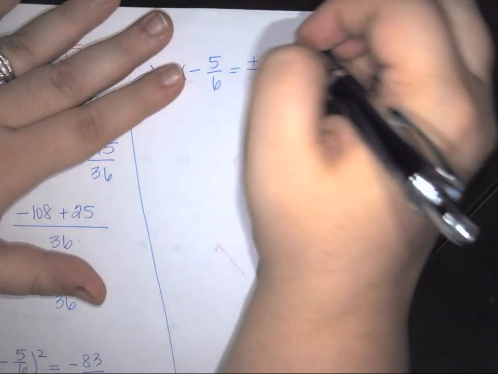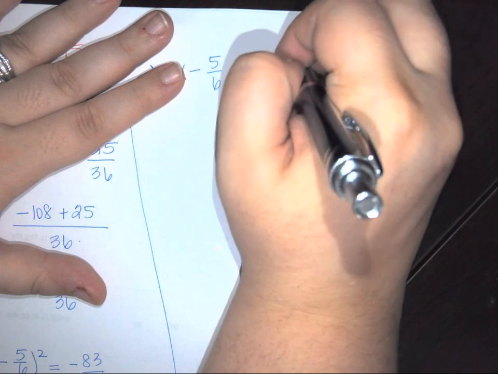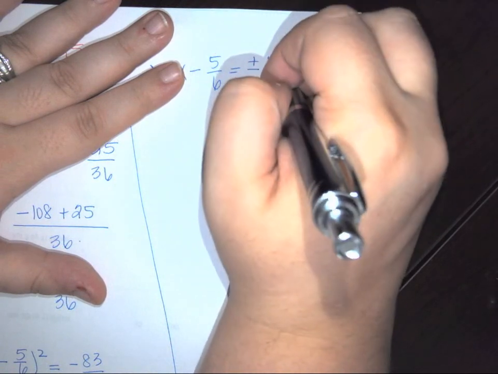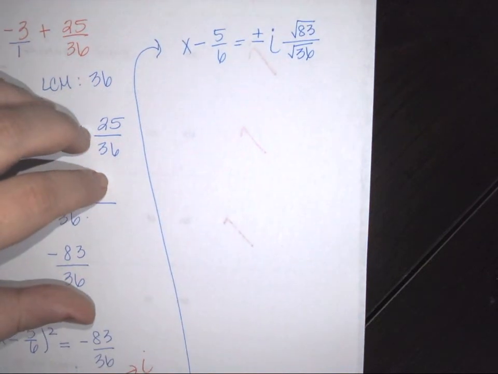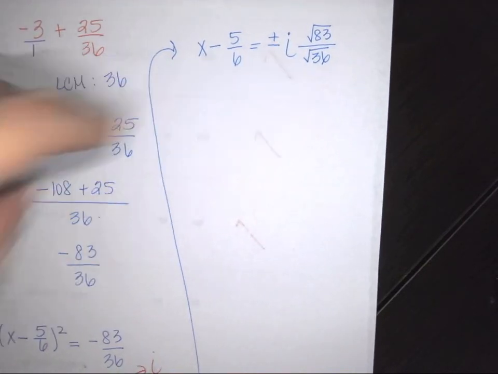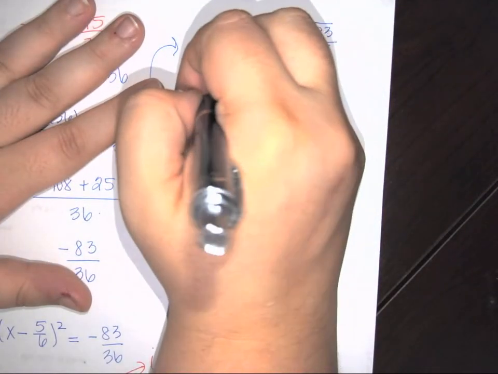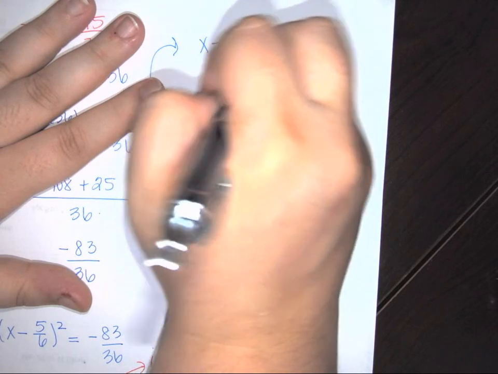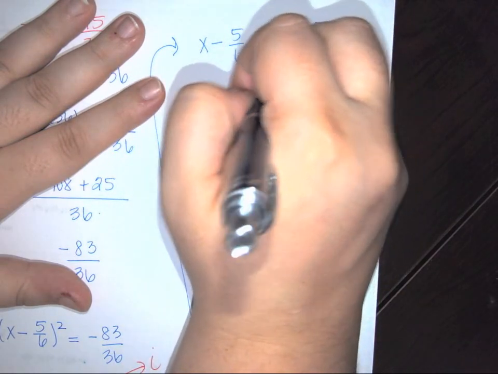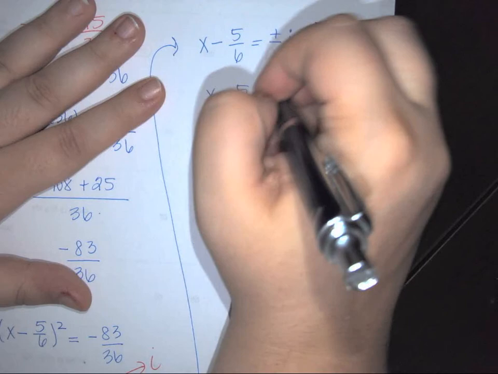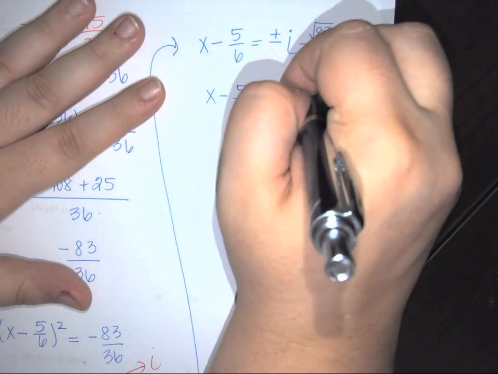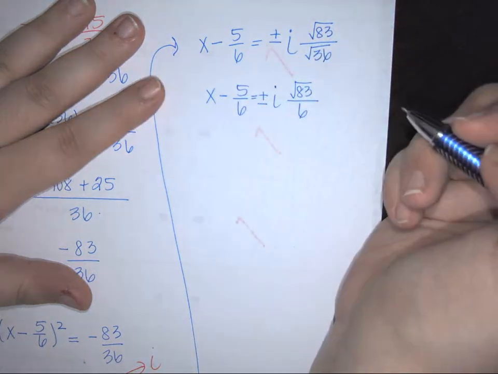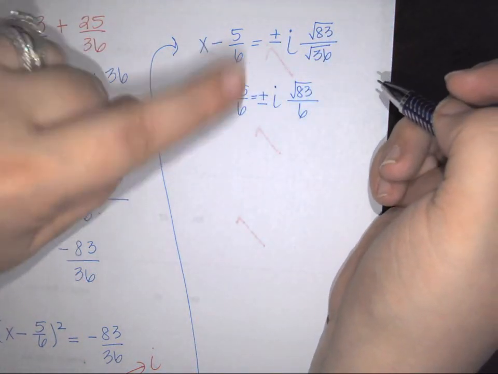So this can become the square root of 83 over the square root of 36. Well, we know the square root of 36 will reduce. So this becomes x minus 5 over 6 is equal to plus or minus i square root of 83 over 6.